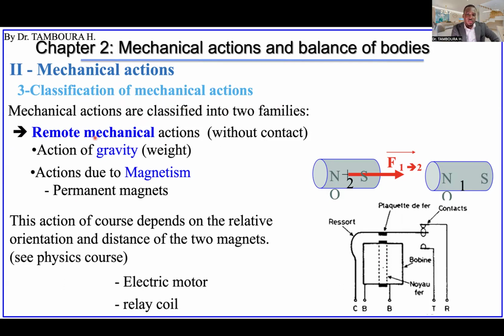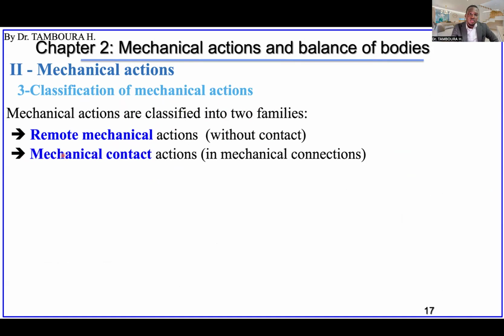So the first family, non-touching, remote mechanical action. The second type is, of course, mechanical actions with contact. In that case, there is contact. So anytime there is contact between two objects, there is a mechanical action.